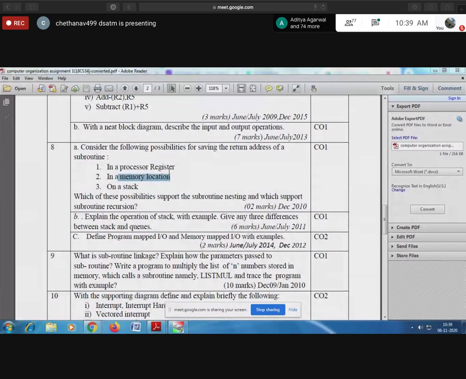But if I say maximum 100% accurately, stack is the main thing we require. Anyway, we can consider all are required for subroutine nesting and for subroutine recursion also.